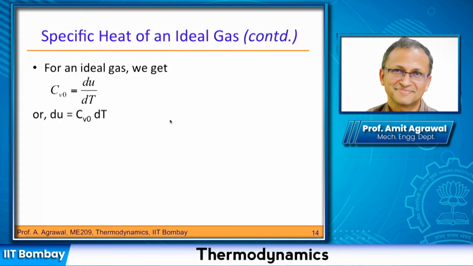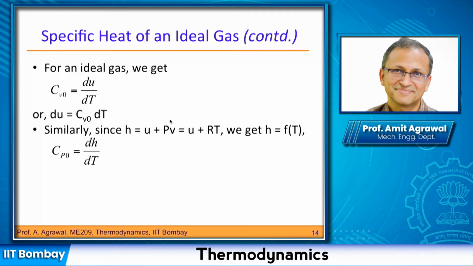And because we know that H is equal to U plus PV, and for an ideal gas PV is nothing but RT, U is only a function of T, and this is also just a function of T. So you can see that H is also only a function of T.